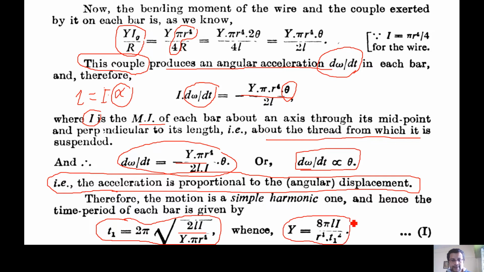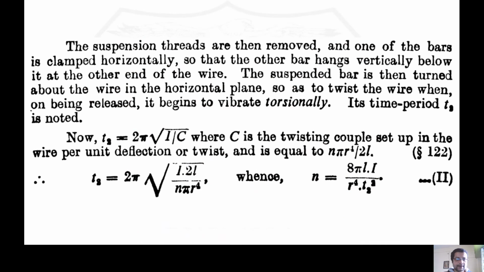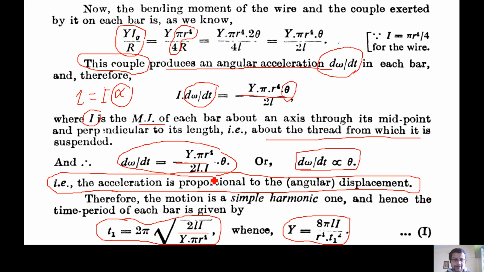That T1 and T2 are the simple harmonic motions of each bar. Since we consider T1 and T2 to be equal, we need to determine the time period of this bar, because this time period totally depends upon the moment of inertia of that bar.